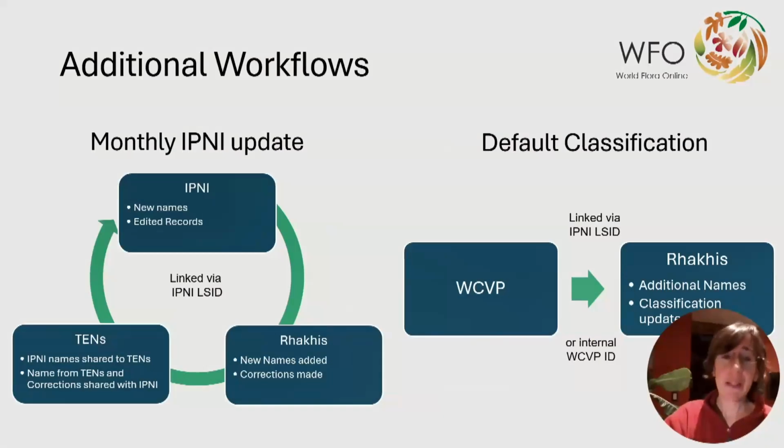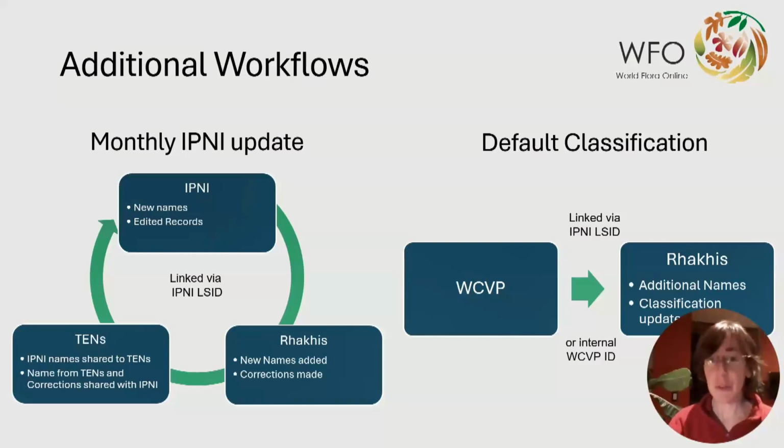So while the TENs are absolutely key for maintaining the taxonomic backbone up to date, our TEN manager also plays an extremely important role in this. He has additional workflows, including monthly imports from IPNI, the International Plant Names Index, through which we bring in new names. These new names are fed to the TENs, who make corrections, and these corrections in turn are fed back to IPNI.